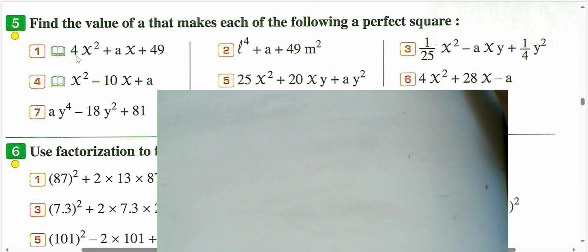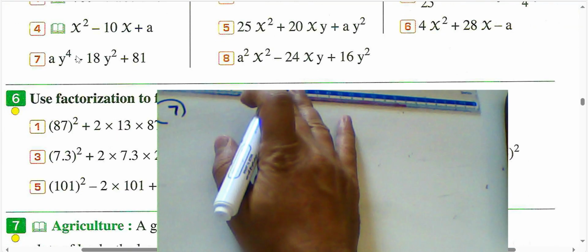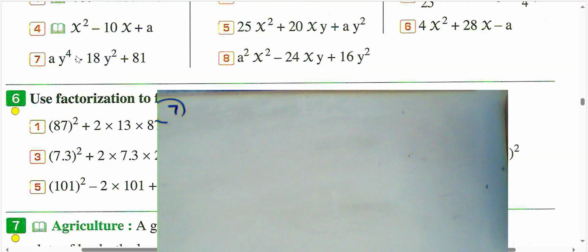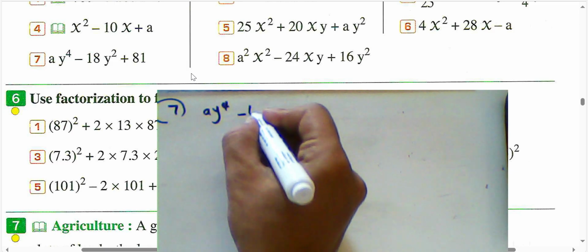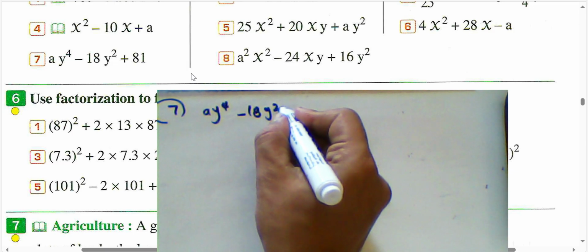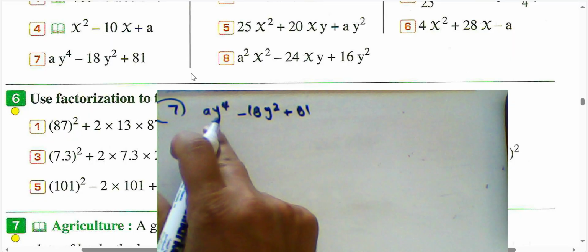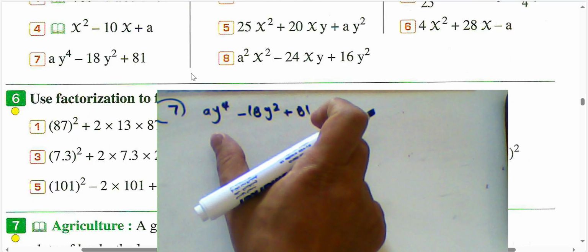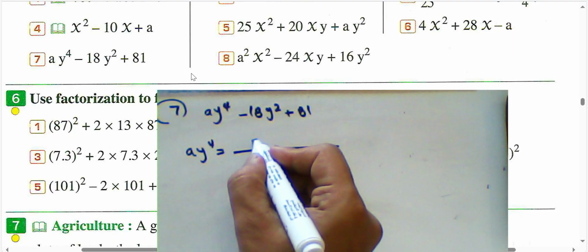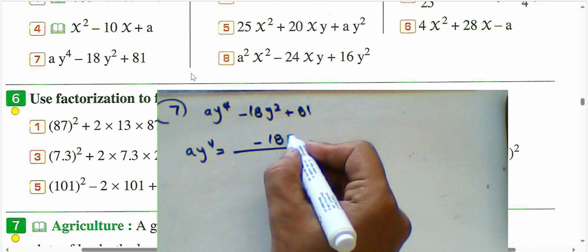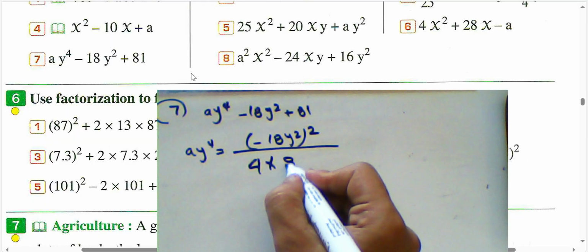Next question, number 7. Okay, pay attention. We have a y power 4 subtract by 18y power 2 plus 81. We want to find the value a because this expression needs to be a perfect square. Then a y power 4 equals, it's the first, equals the middle power 2, (negative 18y power 2) all power 2, over 4 product by the third, 81.